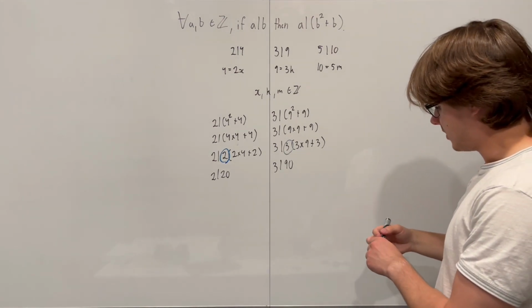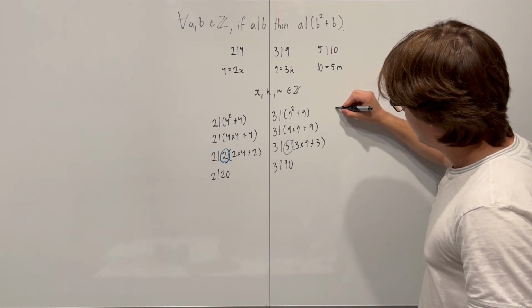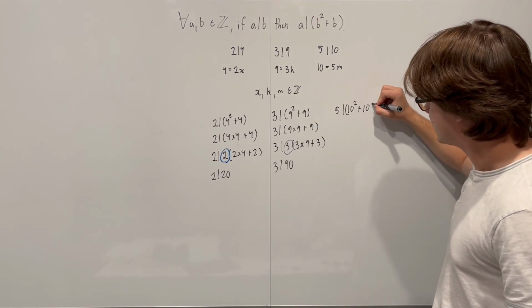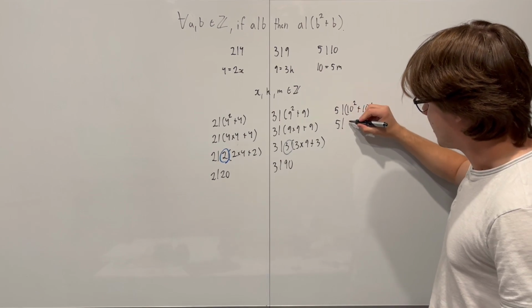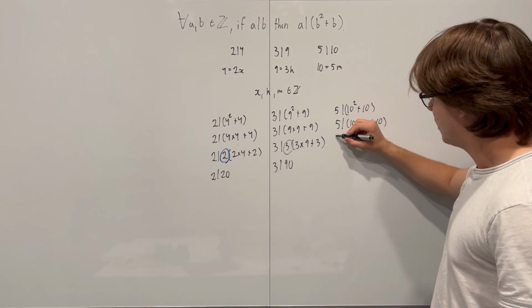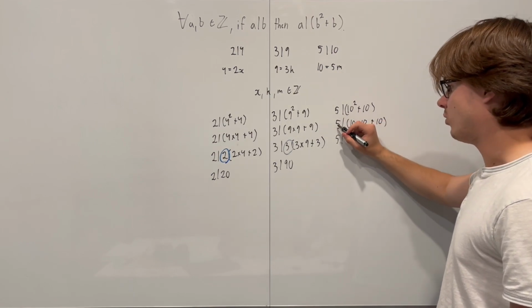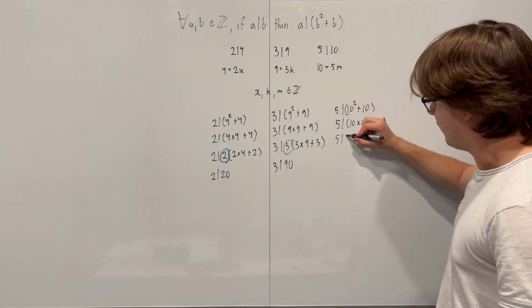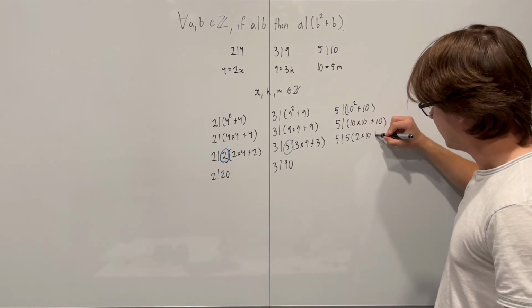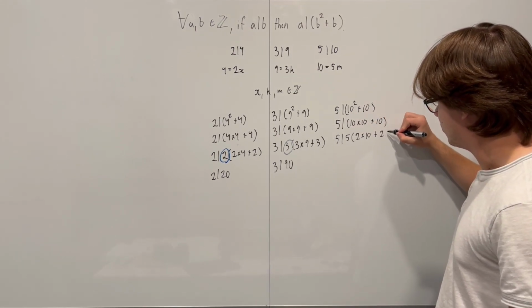Fantastic. Very last example. Let's try 5 divides 10² plus 10, which is the same as asking 5 divides 10 times 10 plus 10, which is the same as factoring out what we want on the left. On the right, we can factor a 5 out, which is going to be the same as saying 2 times 10 plus 2.